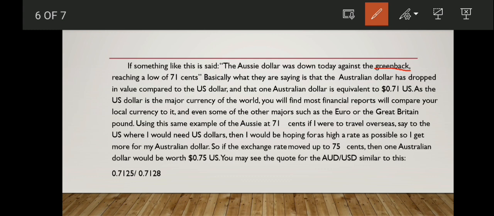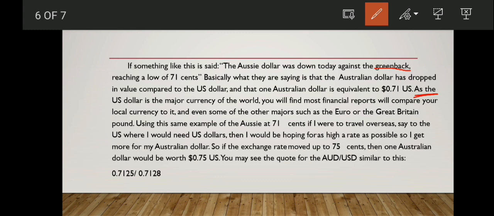So I'm starting from this place. As the US dollar is the major currency of the world, you will find most financial reports will compare your local currency to it, and even some of the other major currencies such as Euro or Great British Pound.